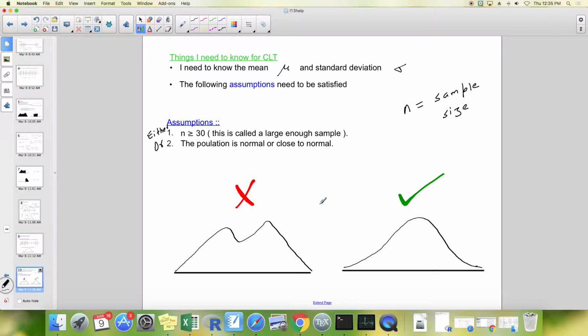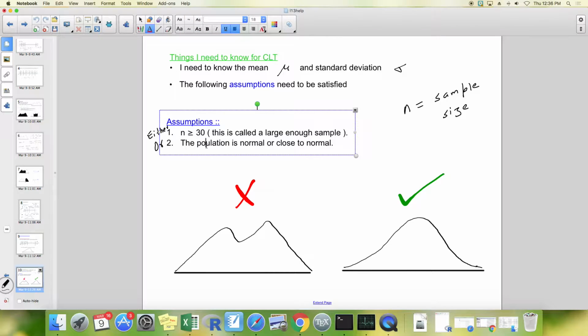Of course, we statisticians have to check, but for you, for the exam, you do not have to check assumption number 2. In the question itself, they will say it's normal. Sorry for this small spelling error. The population is normal or close to normal. So you don't have to check that. The question will give you that.